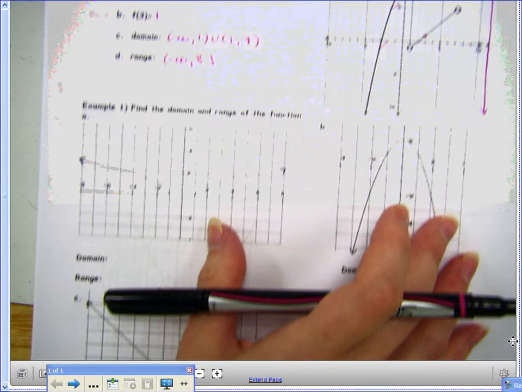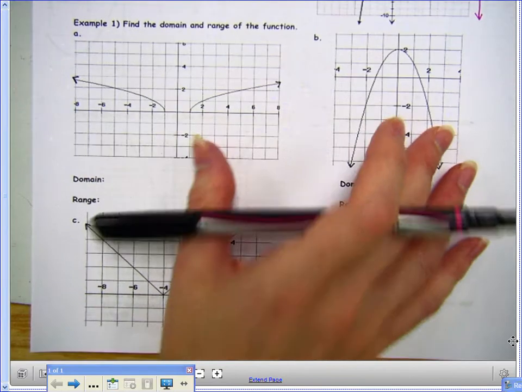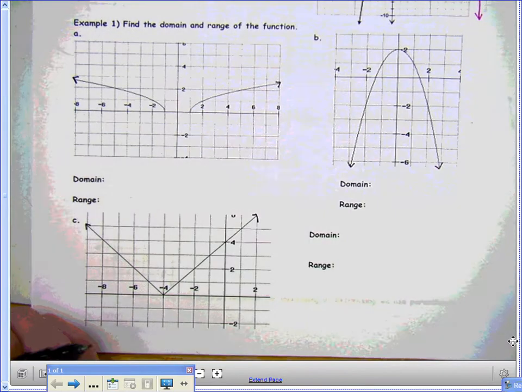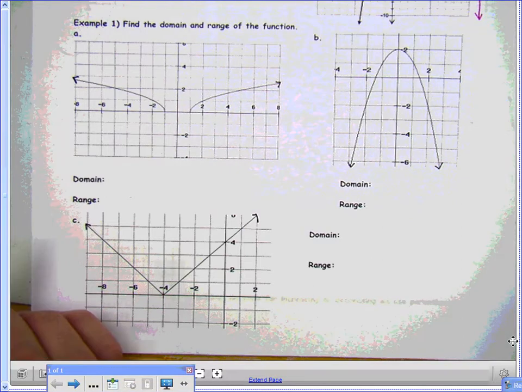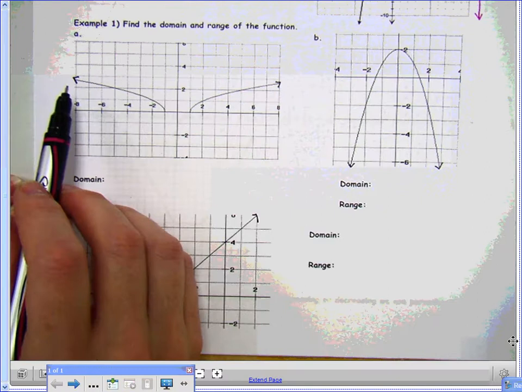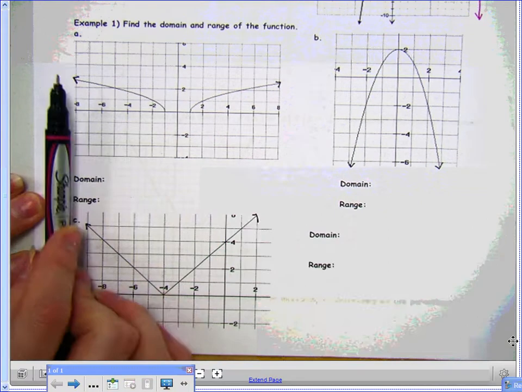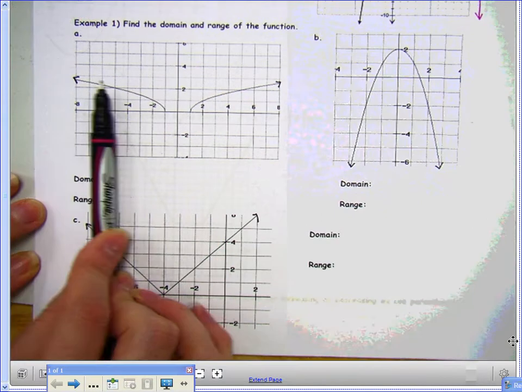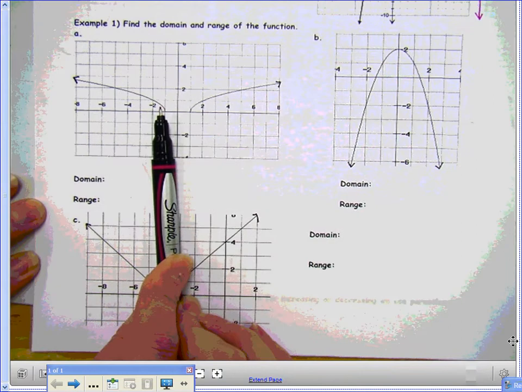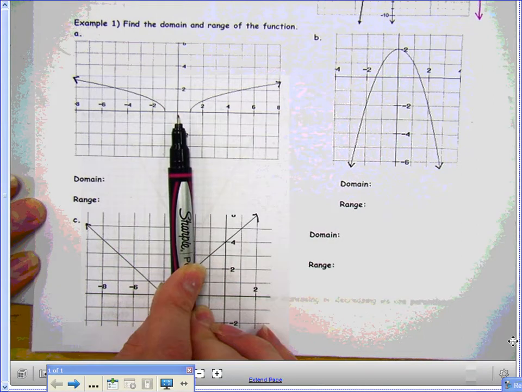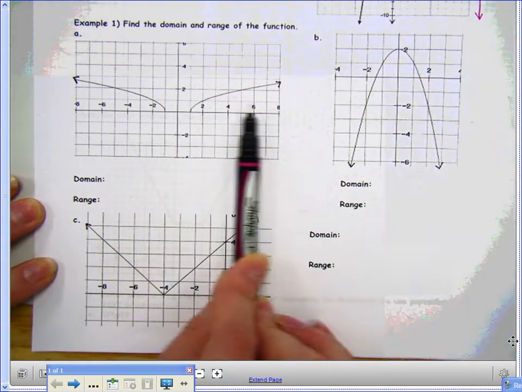So then if we're looking at the next one, example 1, it says find the domain and range of the function. So again, these should be fairly easy. So if we look at number 1 together, I know my domain, if you look at your x values, we have x values coming from negative infinity all the way to negative 1. There's nothing in between here, and then it starts back at 1 going all the way to infinity.